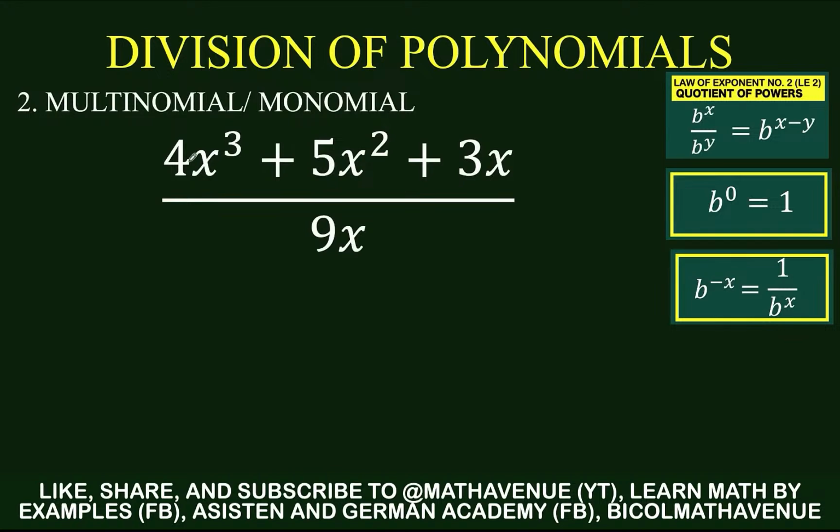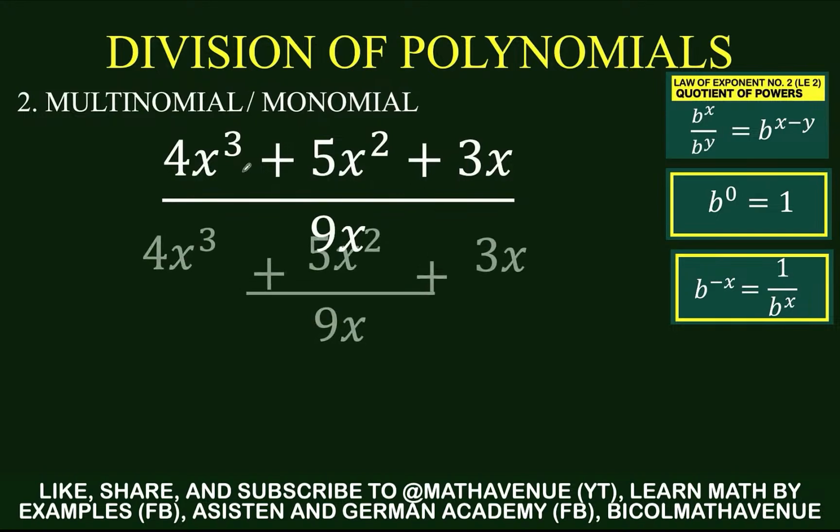Here, each one of these terms in the numerator will be divided by 9x. So think of this as distributing 1 over 9x to each of the terms in the numerator. And there are how many terms all in all in the numerator? We have 1, we have 2, we have 3. Always think of the plus or the minus sign as the separator of terms.